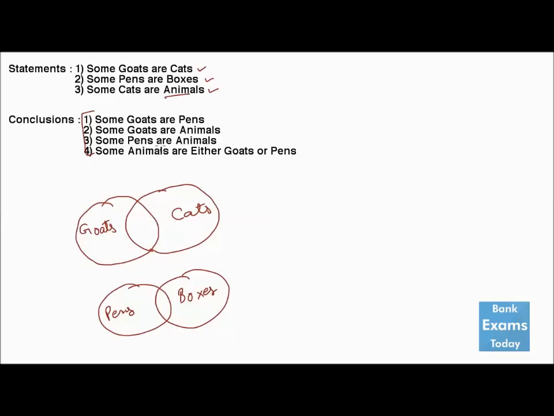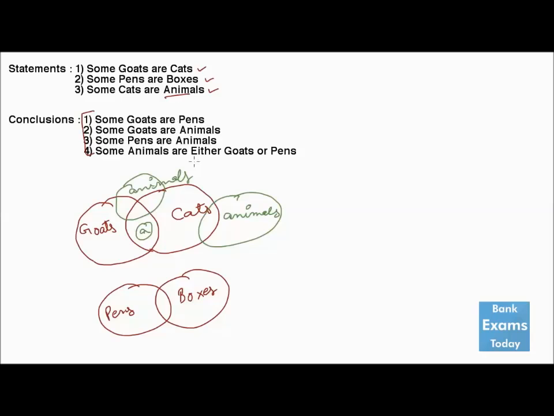So some cats are animals. So it can be something like this for animals, or it can be like this for animals, or it can be like this again for animals. So there are these three possibilities. Now let's move on to the conclusions.